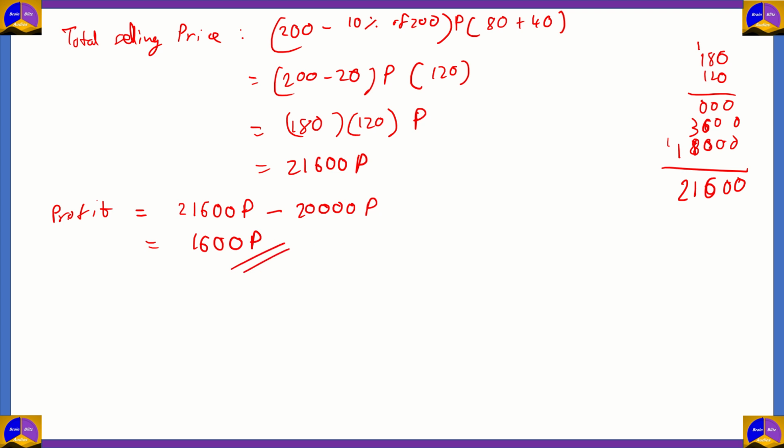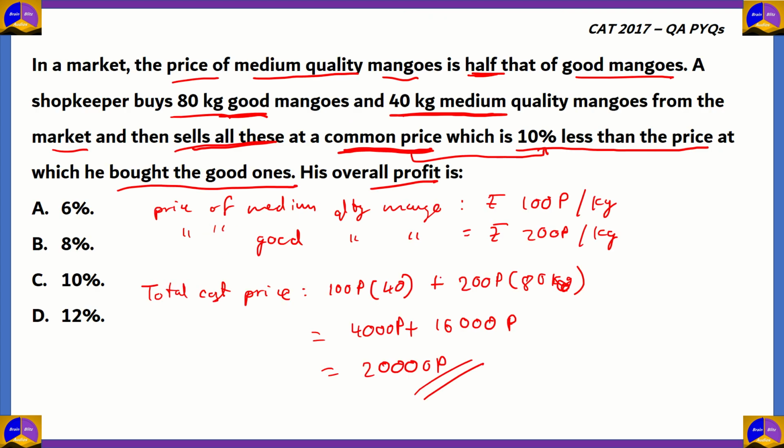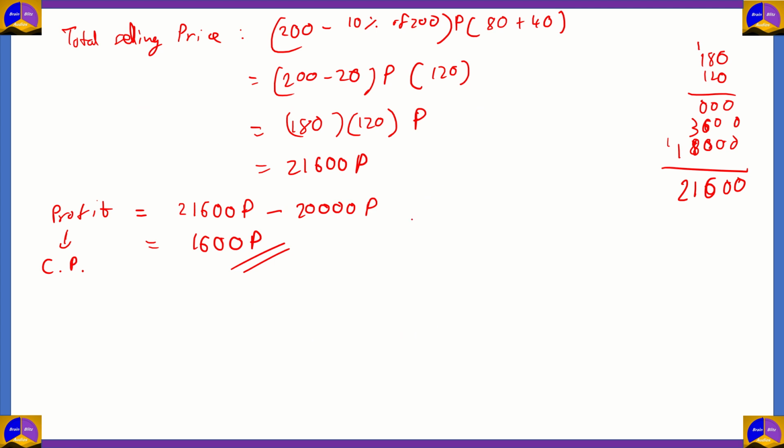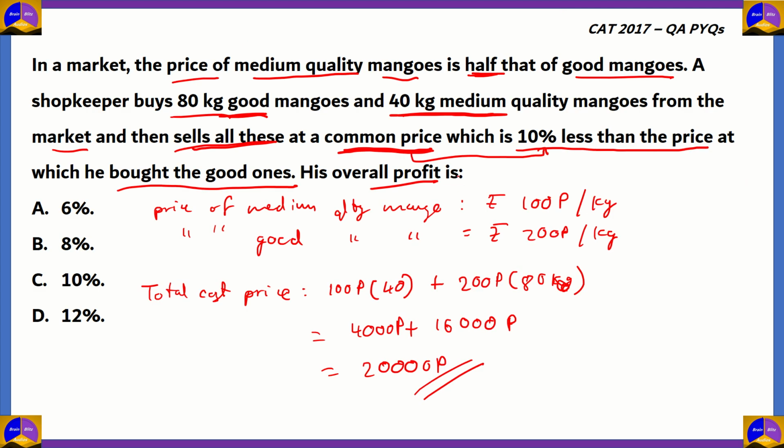Now, profit is always earned over the cost price. So we need to find out his overall profit, and the overall profit is given in percentages according to our options.